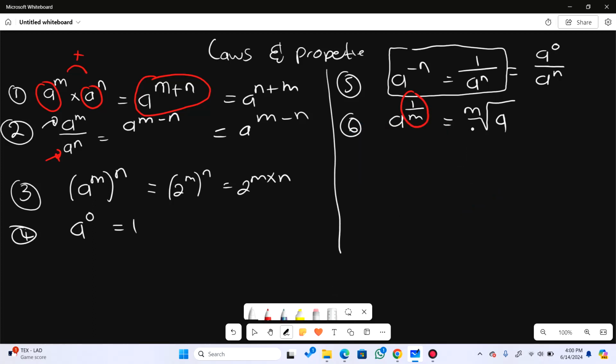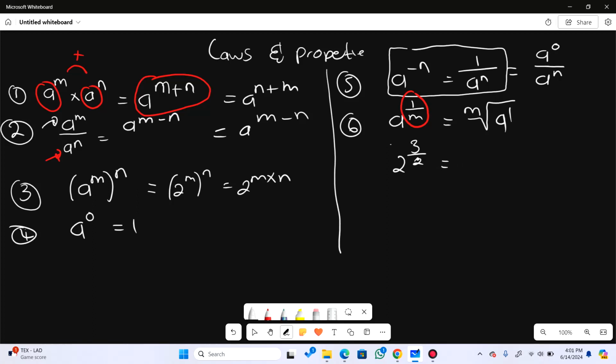Okay, so this is very important again. If we have an exponent which is a rational number, a ratio, then we can change that into a root. The denominator being the root and the numerator being the exponent of the base. For instance, let's say you have 3 over 2.